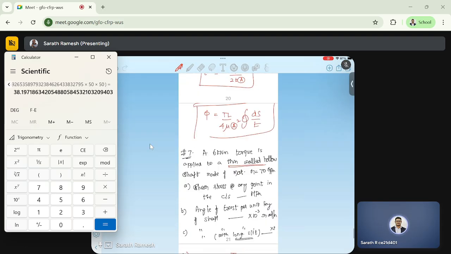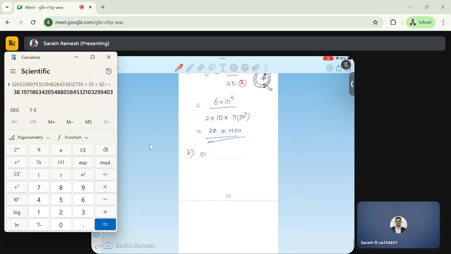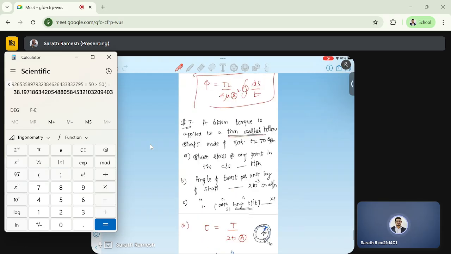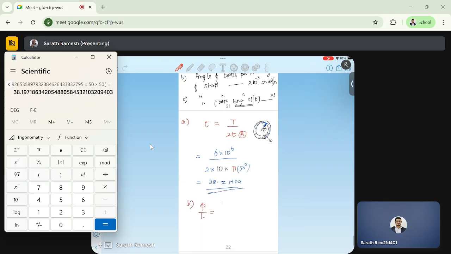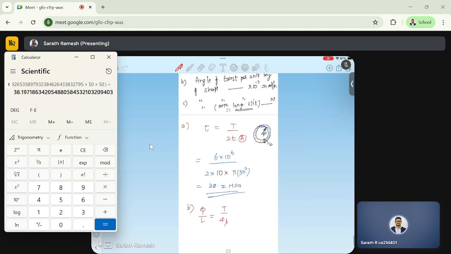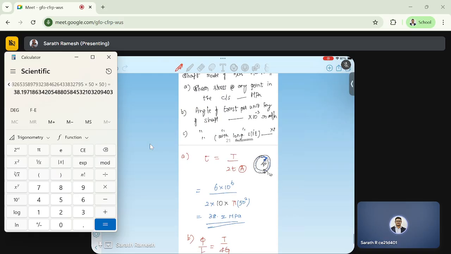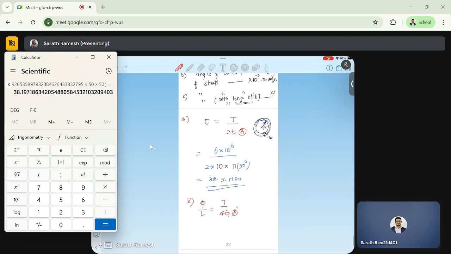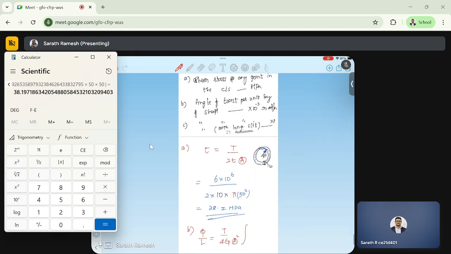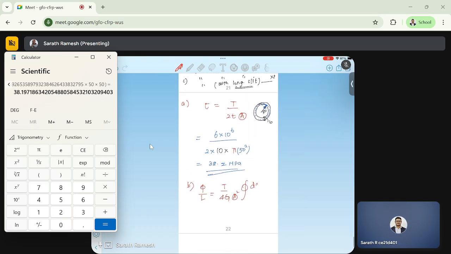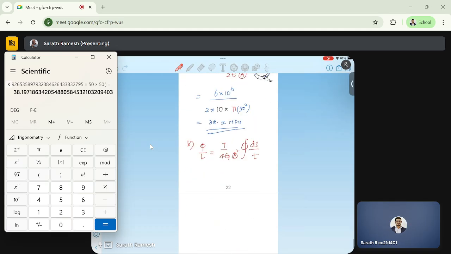Next is angle of twist. Angle of twist, as we saw, phi by L will be T by 4 mu, where mu is nothing but G, A square, closed integral of ds by t.